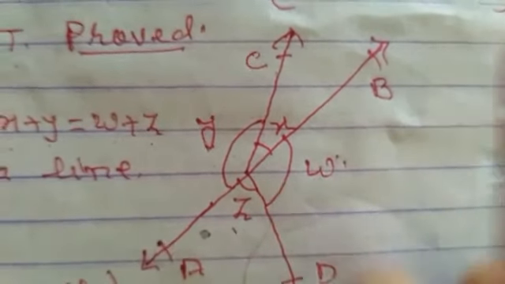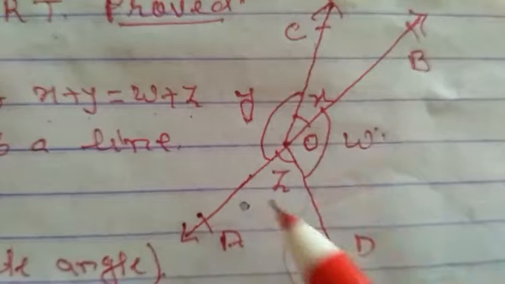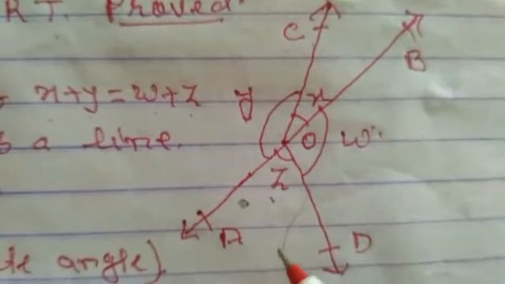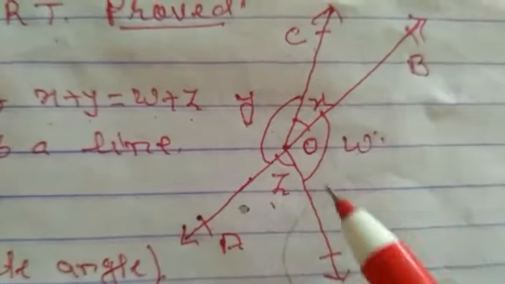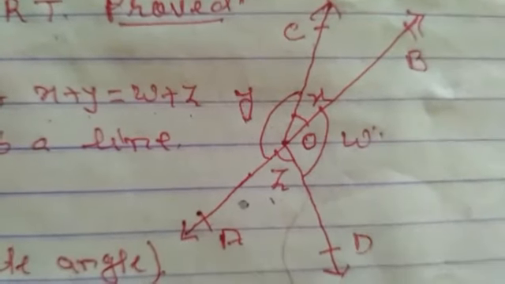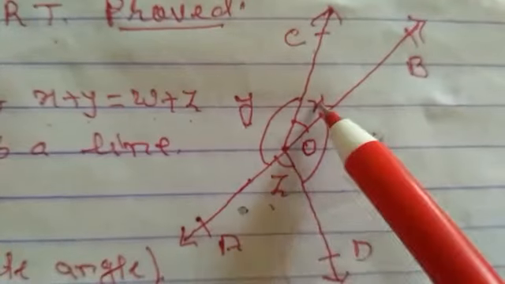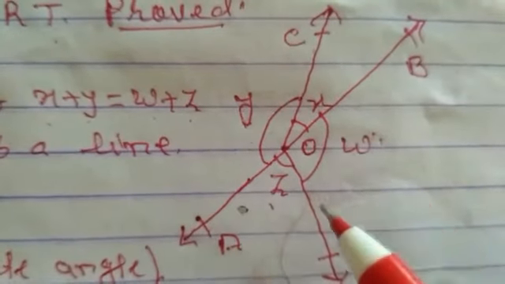Suppose all these lines are meeting at point O, this is your O. Now children, as you know, the angle around a point is called a complete angle and its measurement is always 360 degree. You can observe that there are four angles being made at the point O, that is x, y, z and w.